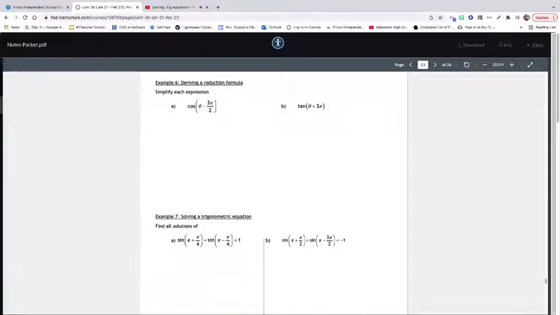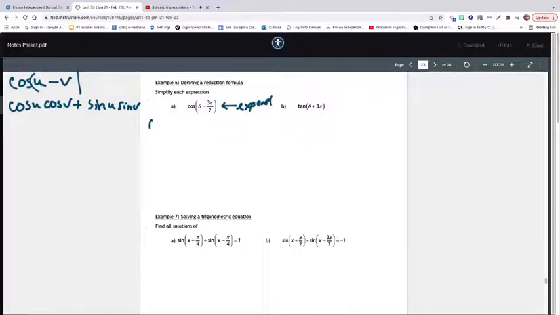All right, on the next one, I'm going to rewrite my rule over here just so we don't forget it. It's cosine U, cosine V, plus sine U, sine V. So I'm going to expand this. So that'll be cosine of theta, cosine of 3 pi over 2, plus sine of theta, sine of 3 pi over 2.